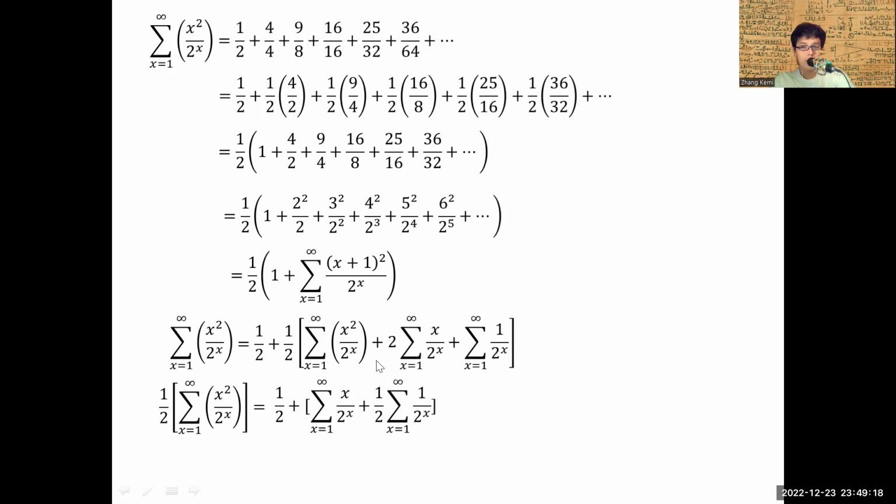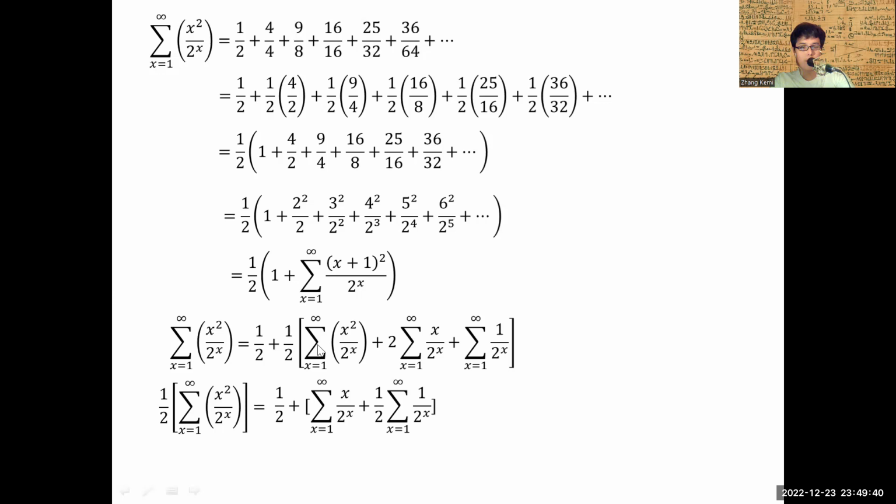All right. And now what's going to happen? Now notice this term, just like what we saw earlier, like how I derived the sum of x over 2 to the power of x. Now I'm going to subtract half of the sum from x=1 to infinity of x squared over 2 to the power of x on both sides.